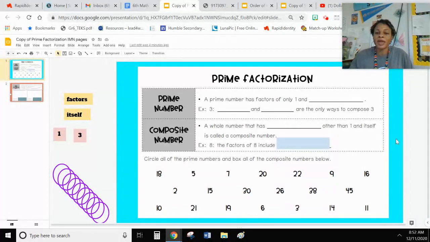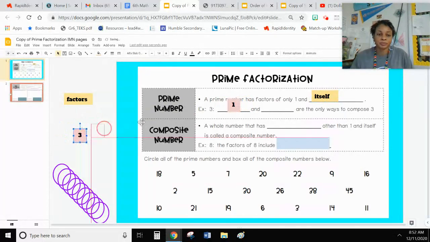A prime number has factors of only 1 and itself. For example, 3. The only factors of 3 are 1 and 3. Okay, so prime numbers only have 2 factors, 1 and itself.